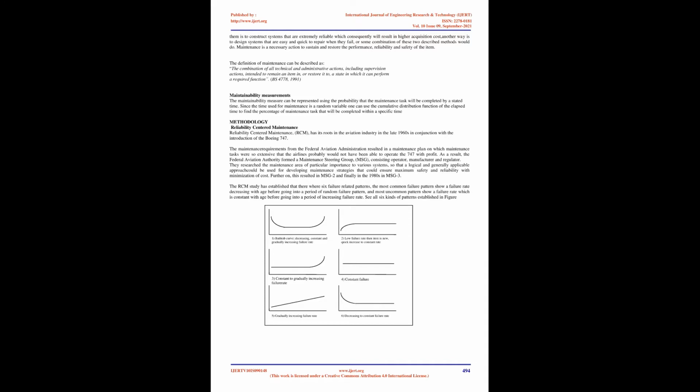Measures such as mean time between maintenance, MTBM, mean time between overhaul, MTBO, maintenance-free operating period, MFOP, mean time between critical failure, MTBCF, and mean time between unscheduled removal, MTBUR, fall under this category.